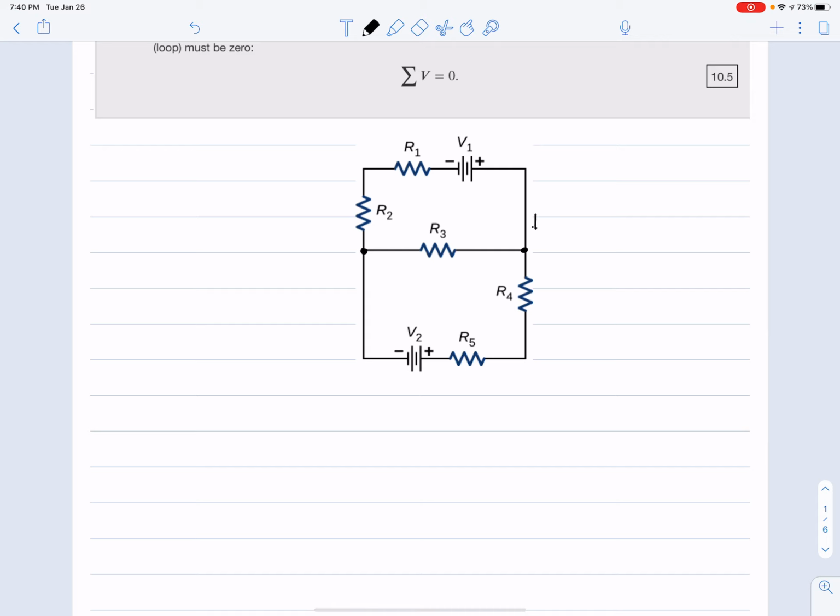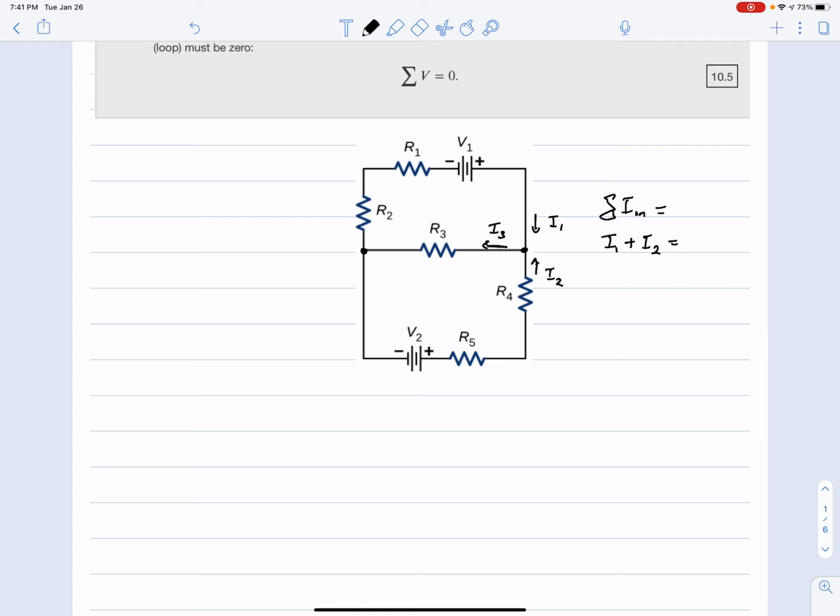So let's say this is current I1, and this is current I2, and right here is current I3. Identifying these currents and their direction, we can identify that the currents going into the junction are I1 plus I2 because they're going into that junction.